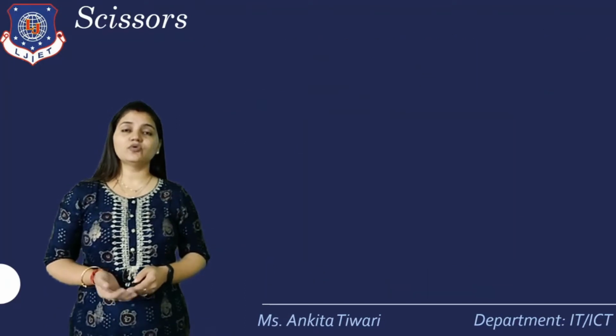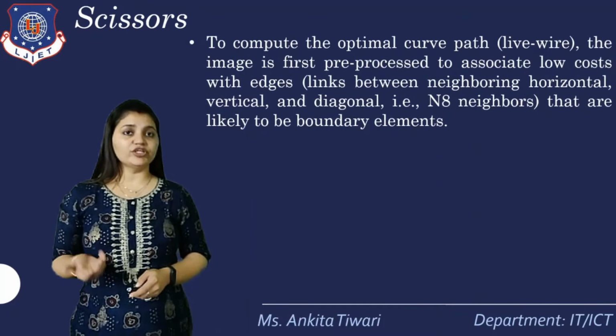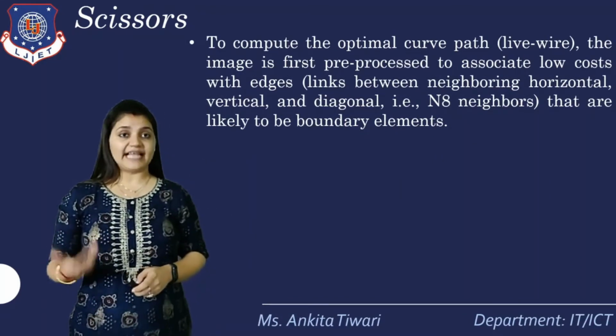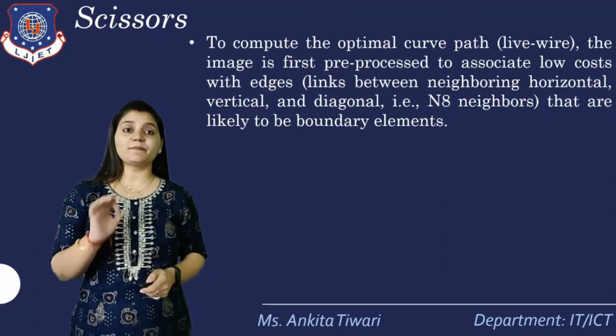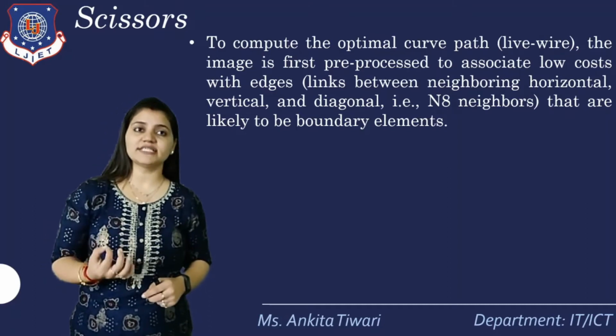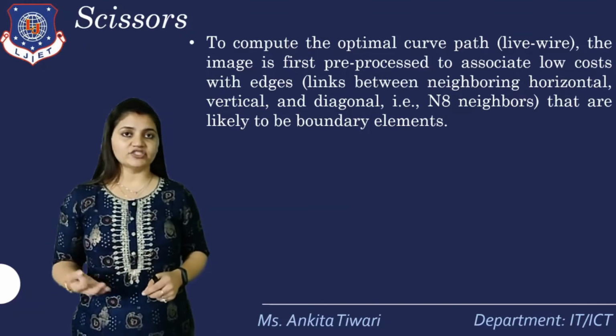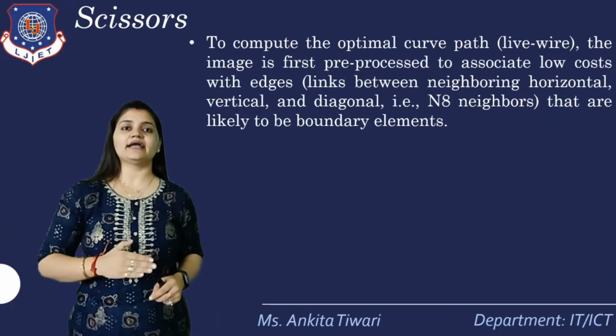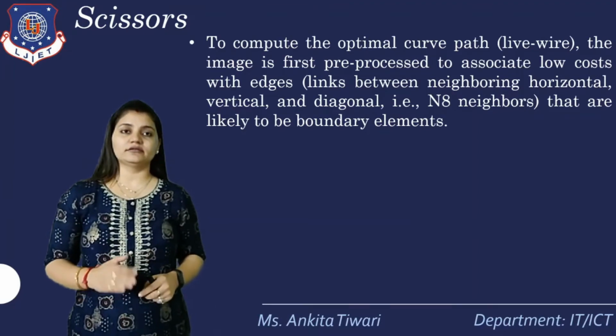With respect to that, to compute the optimal curve path in the object, that is the live wire, the image is first pre-processed to associate low cost with edges, that is links between neighboring horizontal, vertical and diagonal pixels, that is N8 neighbors.